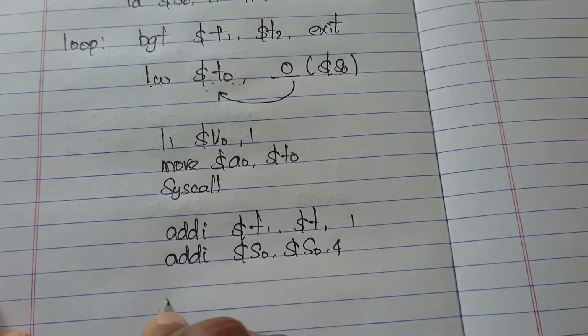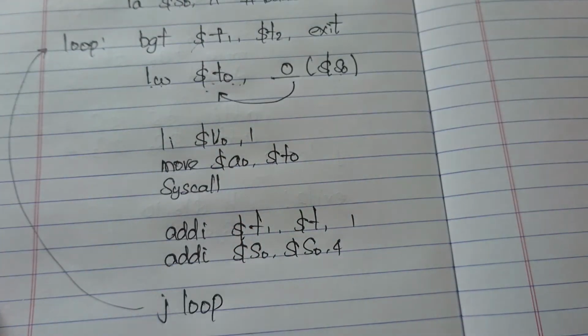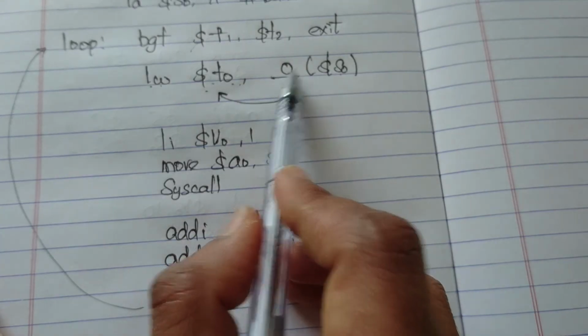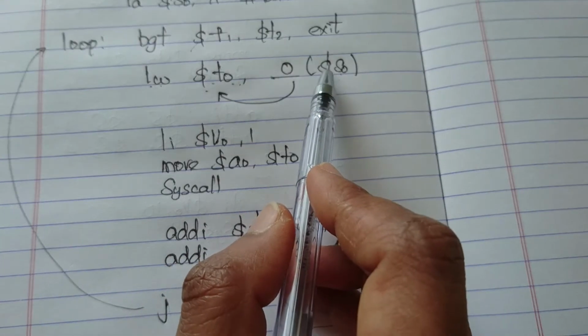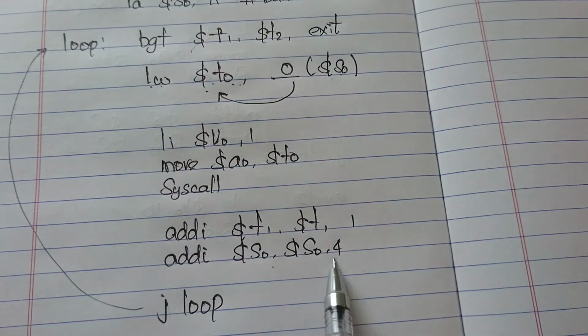I don't have anything else now, so jump loop. This will go back here and repeat the same thing for the second time. For the first element the offset will be 0 from the base address. For the next element, it will be 4, because S0 is incremented by 4 here.